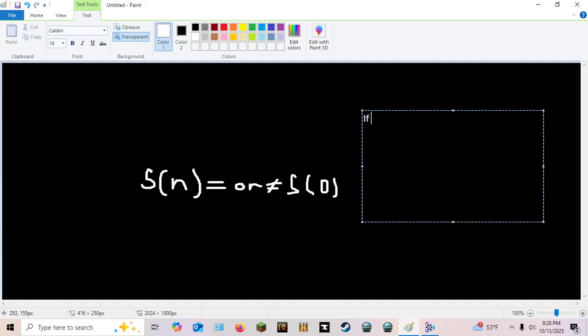But if n and d have different values, that means n and d are not equal to each other, so their successions are not equal either.